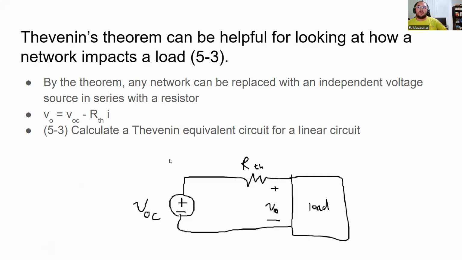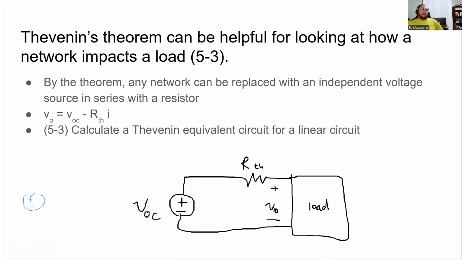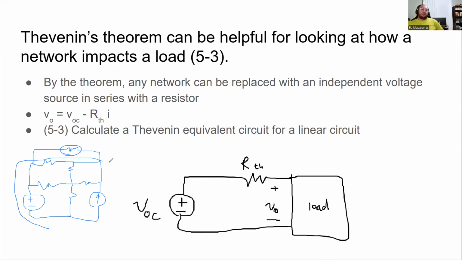This is useful when you have really complicated circuits, like maybe one of the examples, where we've got a source, a resistor here, a resistor there, maybe another source here, a bunch of resistors all over the place, and we're looking for what happens across this one. That's difficult to determine right off the bat, but if we reduce this whole mess into just a voltage source with a resistor, it can make our life a lot easier.